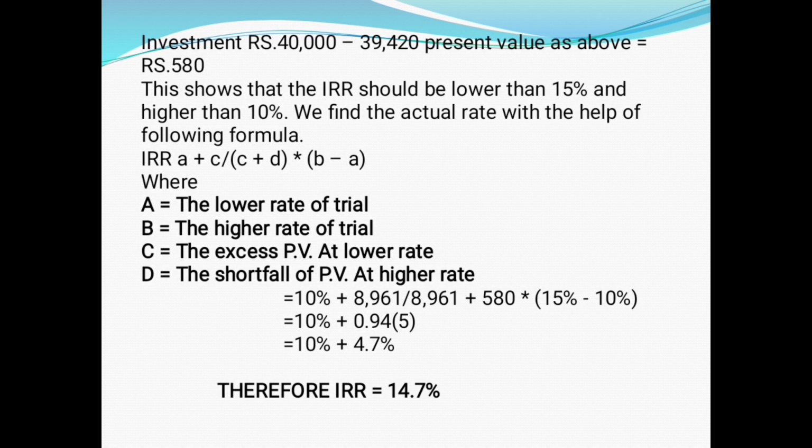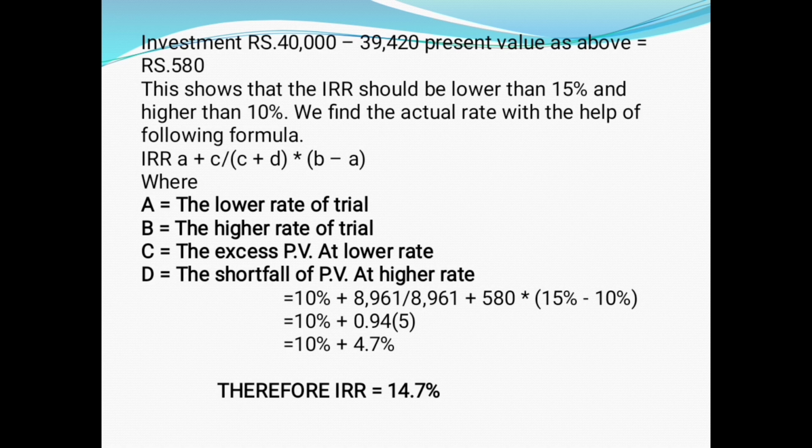We find the actual rate with the help of the following formula. IRR is equal to A plus C upon, in bracket, C plus D, into B minus A, where A is equal to the lower rate of trial, B is equal to the higher rate of trial, C is equal to the excess PV at the lower rate, and D is the shortfall of the PV at the higher rate.